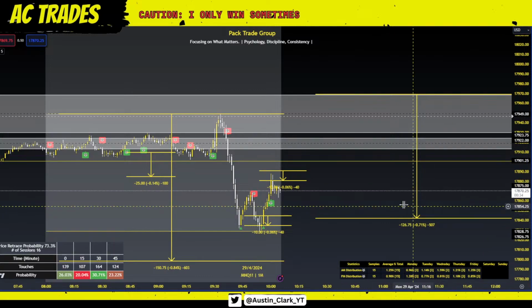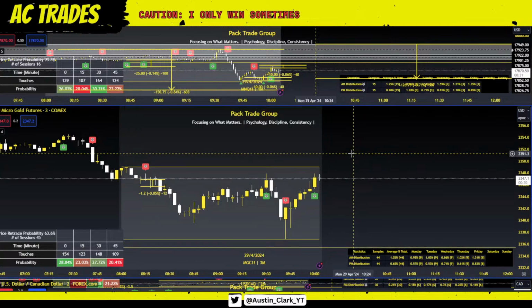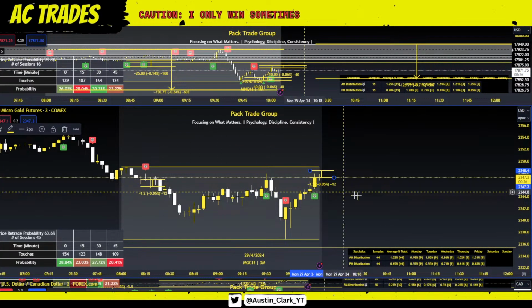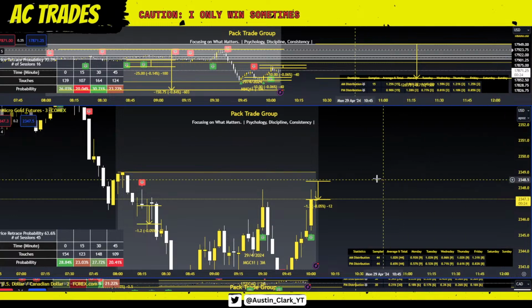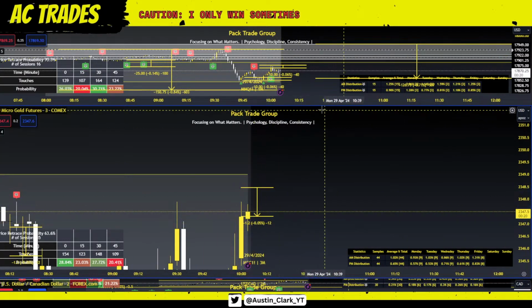Gold setup again? Let me see. Okay, so gold has another setup here for another 0.05%. See if that hit.